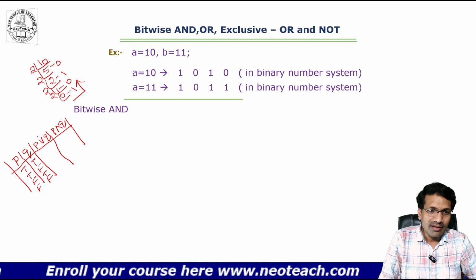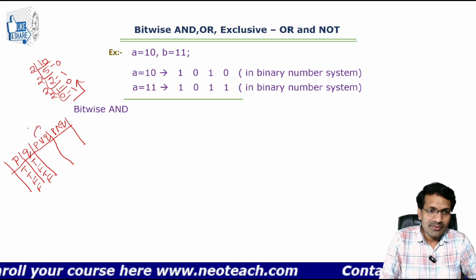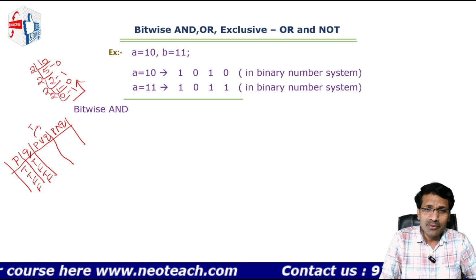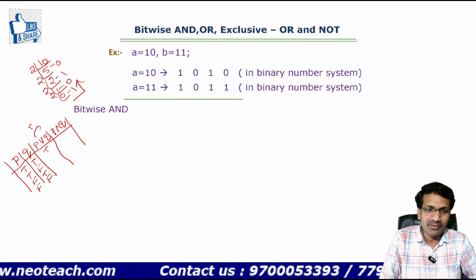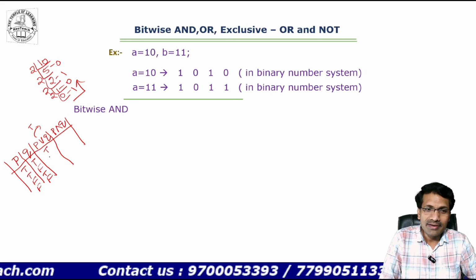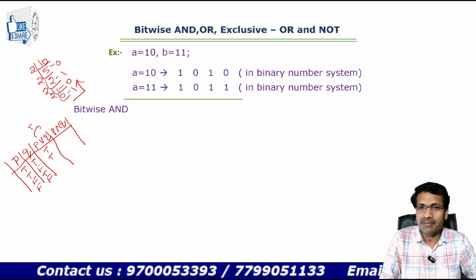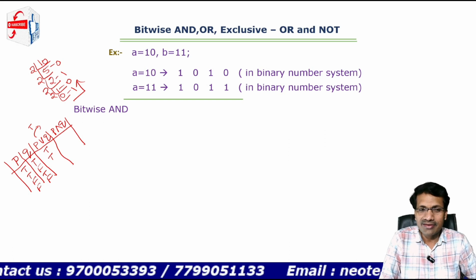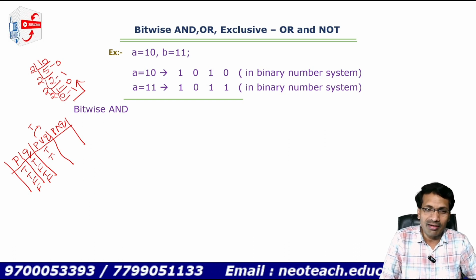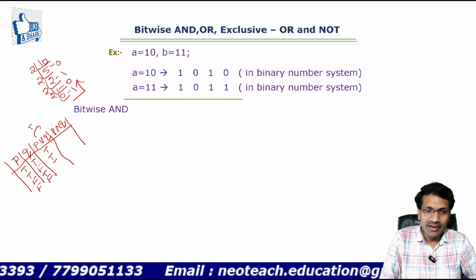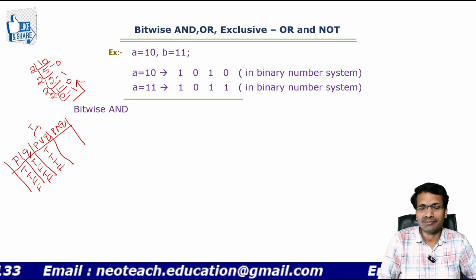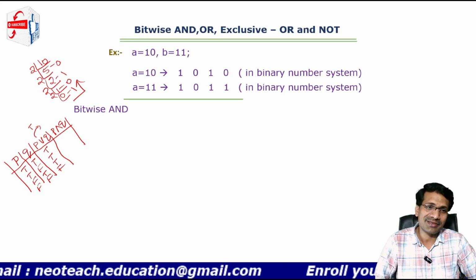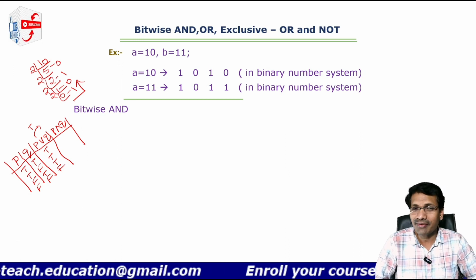Here, OR means the priority goes to true, so if any one of them is true we get true. True or true gives true, and true or false gives true only, because true is the priority. False or true gives true, and false or false gives false. Means in the OR operation, only when both are false do we get false; in other cases we get true. In the AND operation, false is the priority, so if any one of them is false we get false.